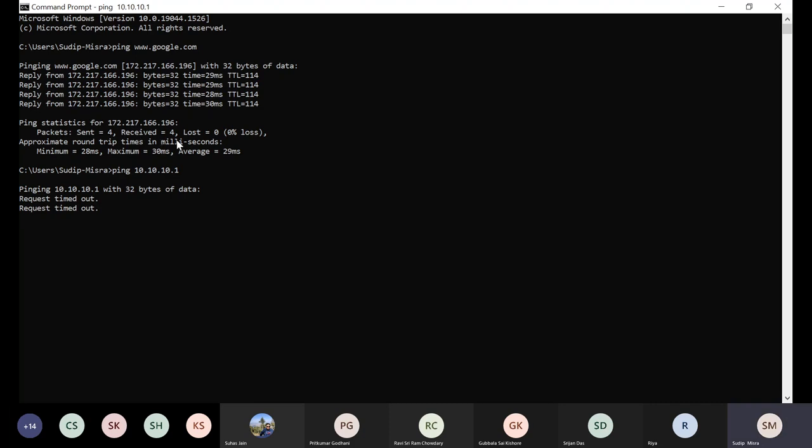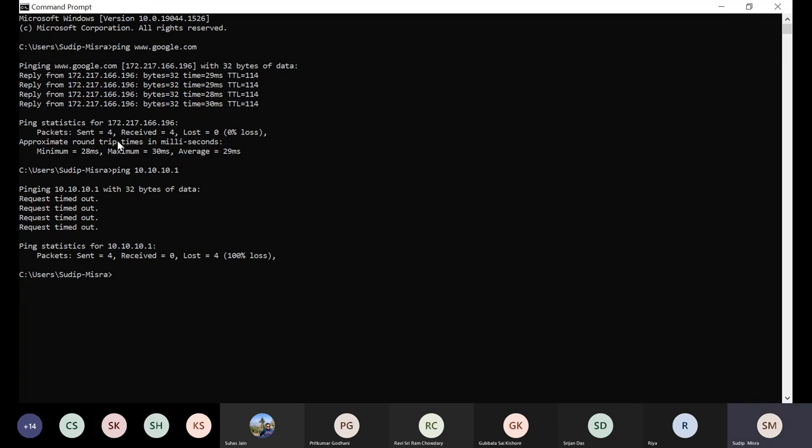On the other hand, the earlier one was reachable, and that means that from my host this particular IP address is reachable. So there is no reason why we will not be able to send some information or connect to it. So this is a popular debugging tool that is used.